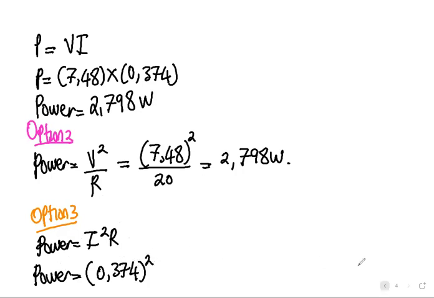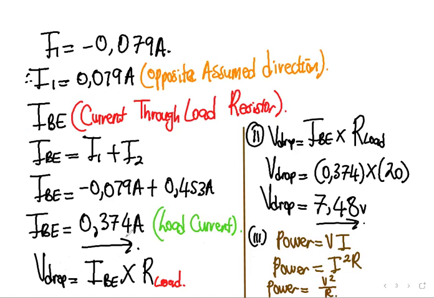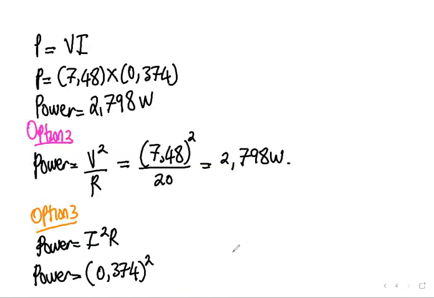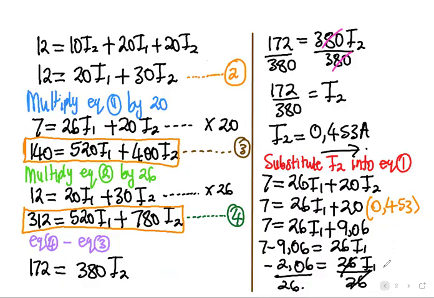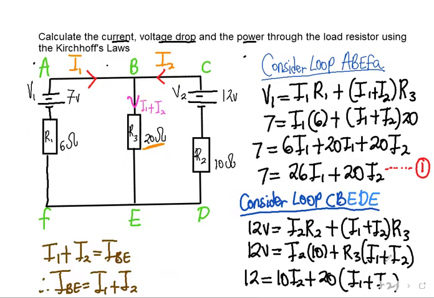You square it, and then you multiply by the load resistor, which is 20. So you're going to get 2.798 watts. It doesn't matter whether you used this one, or that one, or this one. At the end of the day, you're going to get the same answer.